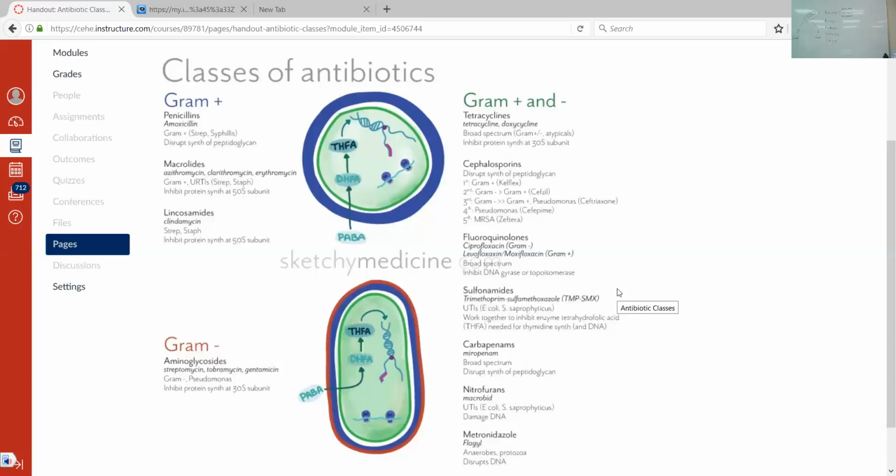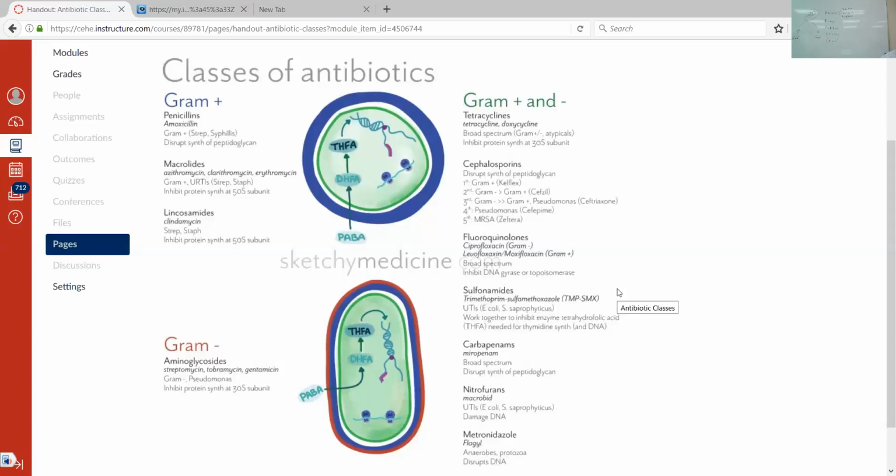These drugs are again made in microorganisms, either slightly different or available. Another class is the aminoglycosides. Amino refers to amino acids.